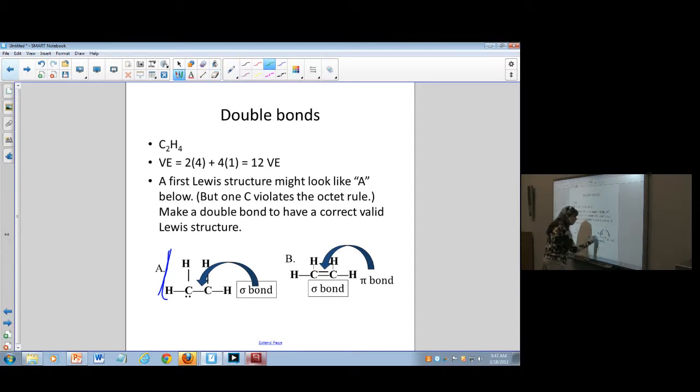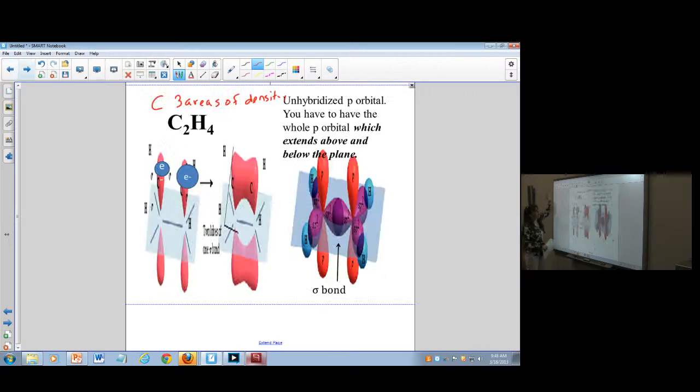There's 1, there's 2, and this area over here, all of this is the 3rd area. So if it has 3 areas of electron density, that should right away say that is trigonal planar geometry. That also means that it's 120 degrees apart. So you should right away remember all of those things.